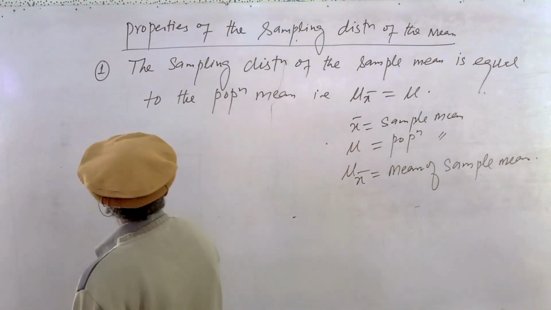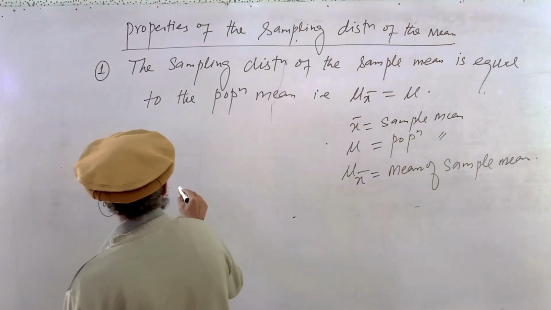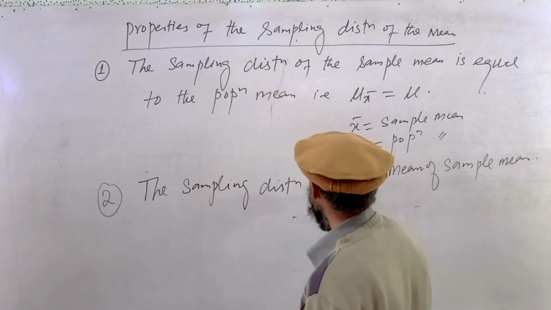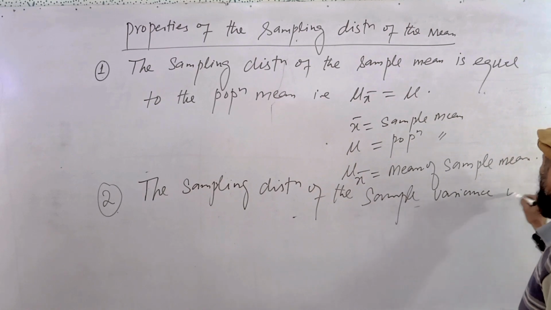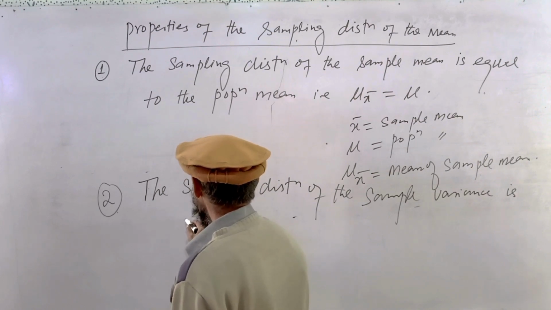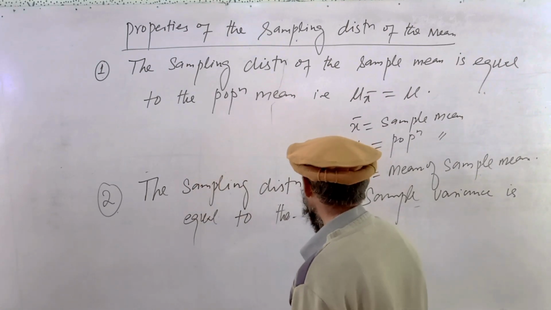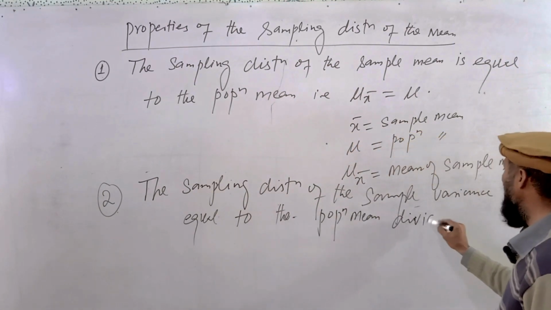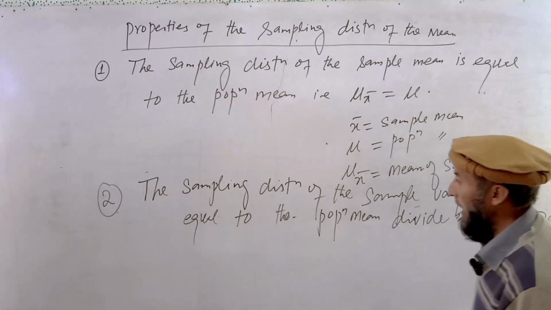The second property: the variance of the sampling distribution of the sample mean is equal to the population variance divided by the sample size.